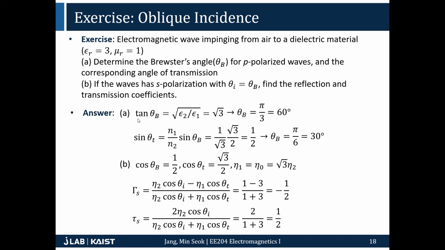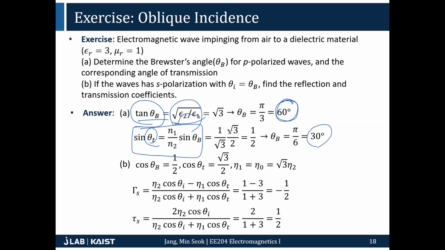So again, the Brewster's angle can be found by using this relation, right? Tangent of theta is the square root of epsilon 2 over epsilon 1. And from this we know the Brewster's angle is 60 degrees. Then when the incidence angle is 60 degrees, by using Snell's law, we know the transmission angle, which is 30 degrees.